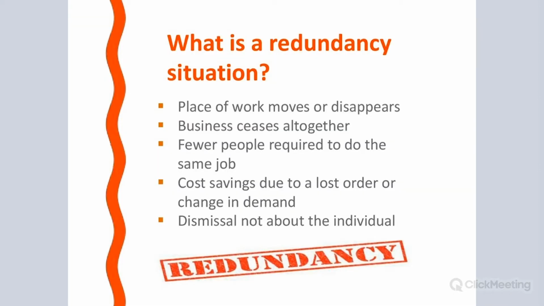So for most of you, you will have an understanding of the basic principles of a redundancy situation and when that arises. It's going to be in one of the circumstances set out on this slide. So perhaps a place of work has moved or disappeared, and we've seen that in the case of Dyson, for example, who moved their manufacturing operations abroad. It might be that the business is ceasing altogether, perhaps it's closing down.